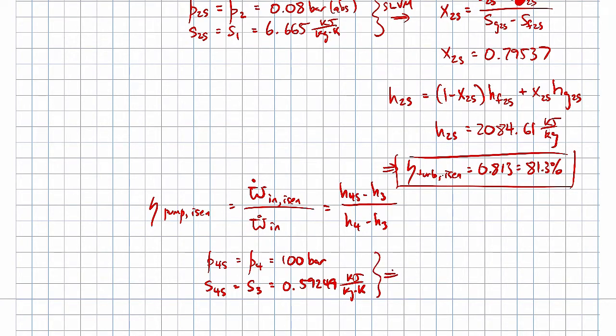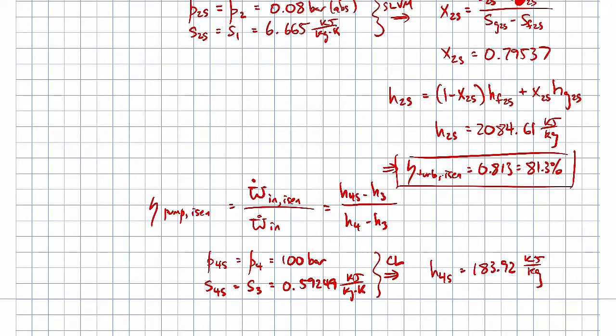If you look in the tables, this will be in a compressed liquid phase. Then you can go through the same procedure I went through before for the turbine, just evaluating the properties. What you'll get when all is said and done is H4S is 183.92 kilojoules per kilogram.